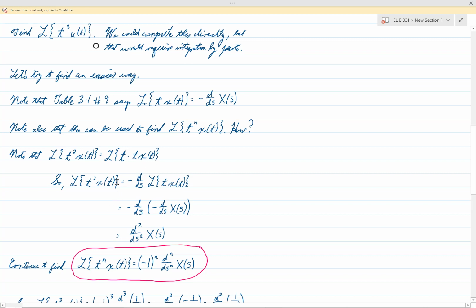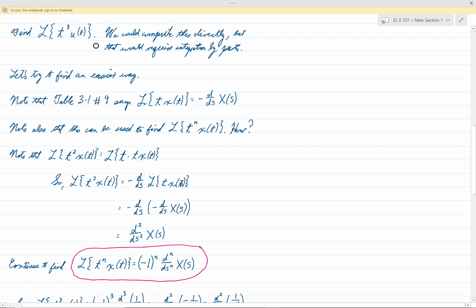And according to formula number 9, the Laplace transform of t times a function is minus the derivative of the Laplace transform of that function. So that's what we have here: the Laplace transform of t squared x of t is minus the derivative of the Laplace transform of t to the first power x of t. And that's just using this formula right up here, but in this case down here, t times x of t is playing the role of x of t.